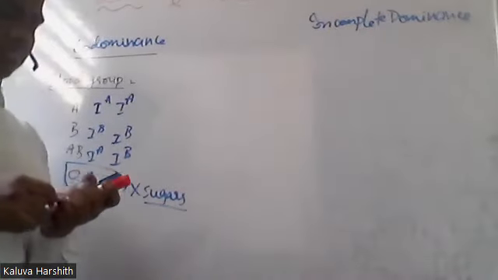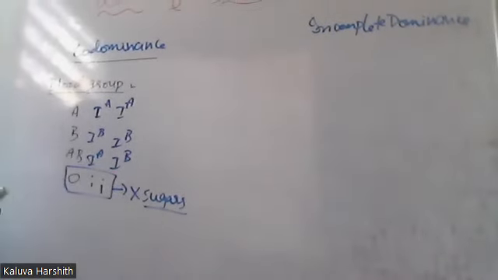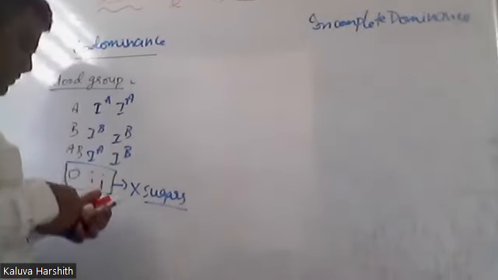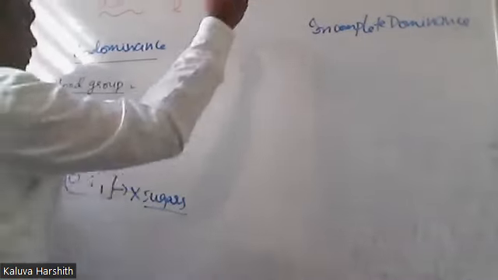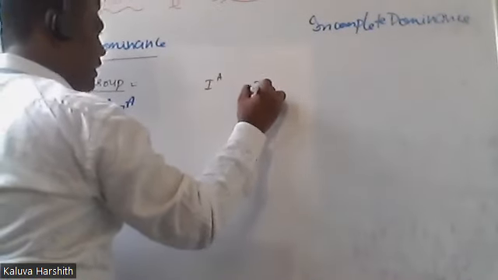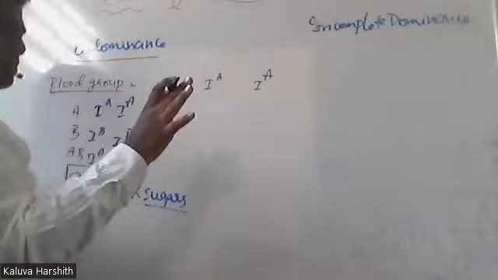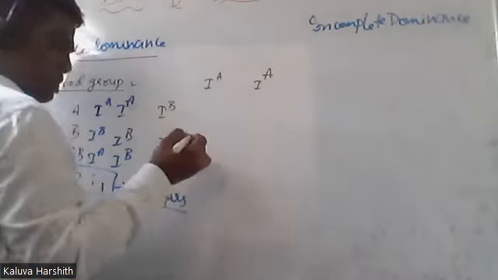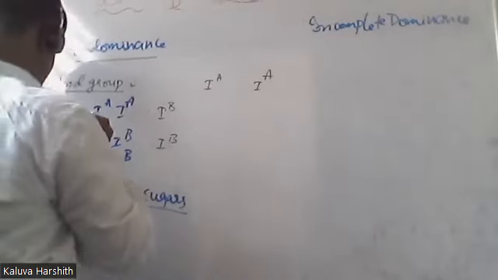Now, let me take these two characters, A and B. Suppose a parent has pure IA blood group. Another parent has pure IB blood group.